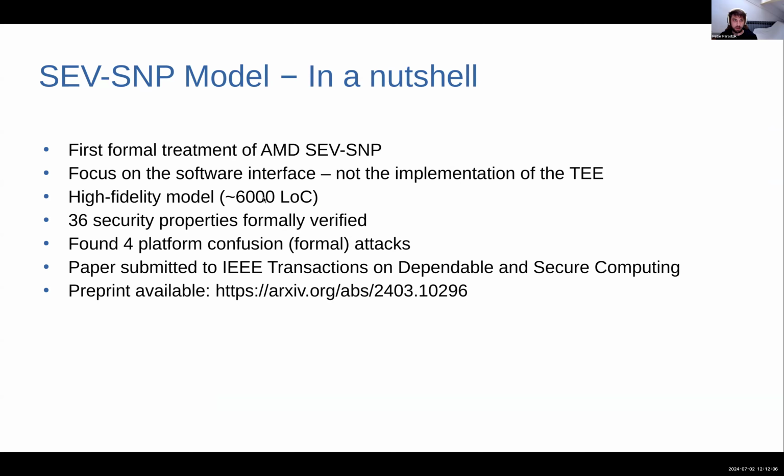It has almost 6,000 lines of code. We have specified and analyzed over 19 security properties, and among those, there are 36 security properties. And we have found four so-called platform confusion attacks. I will try to explain some of these attacks in the end. This paper is currently submitted to a journal, and the preprint is available if you're interested.